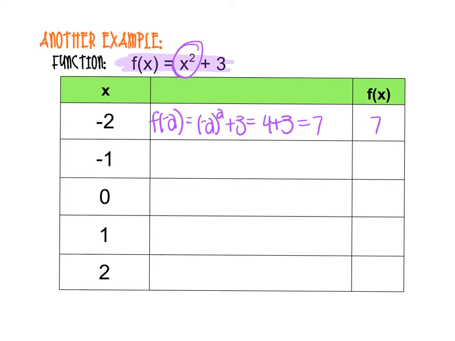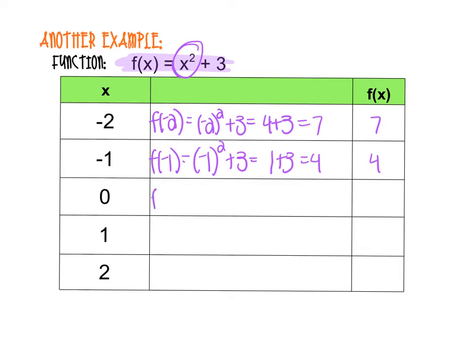Then I'm going to continue down the line. So I do f of negative 1, again ensuring that I put parentheses around that negative 1 when I plug it in. Negative 1 squared is 1. 1 plus 3 is 4. So here, f of negative 1 would be 4.